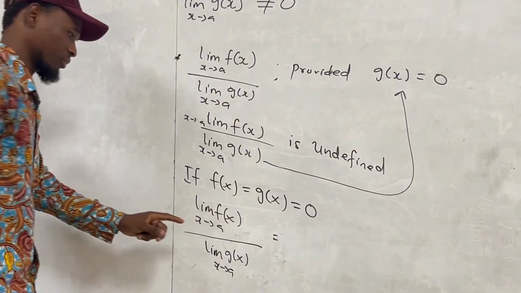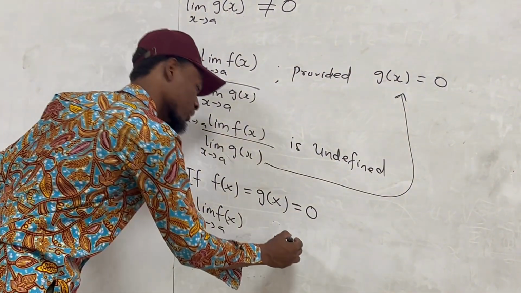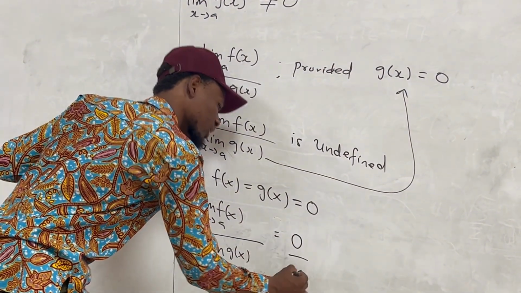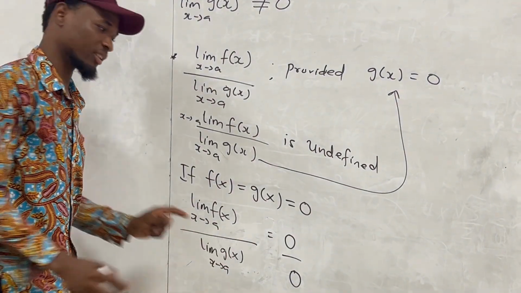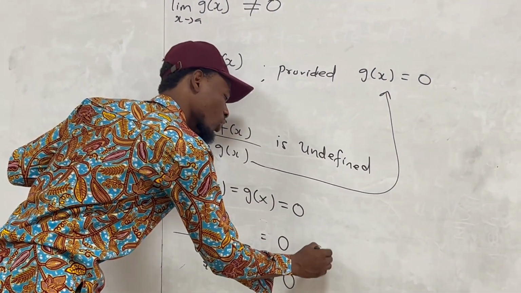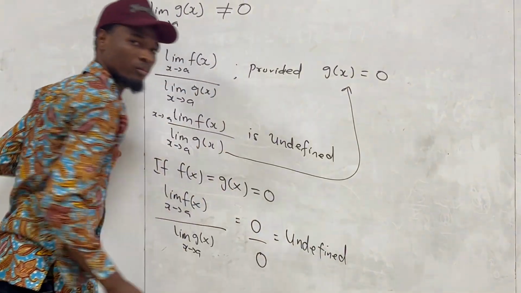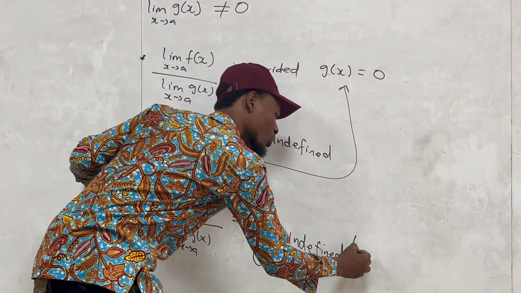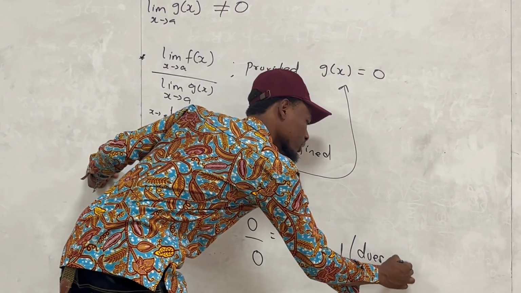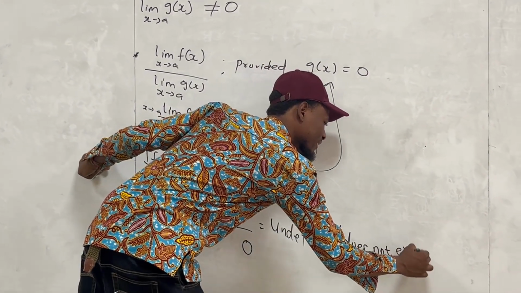If this is equal to 0 and this is also equal to 0, what does it mean? This is also undefined, or does not exist.